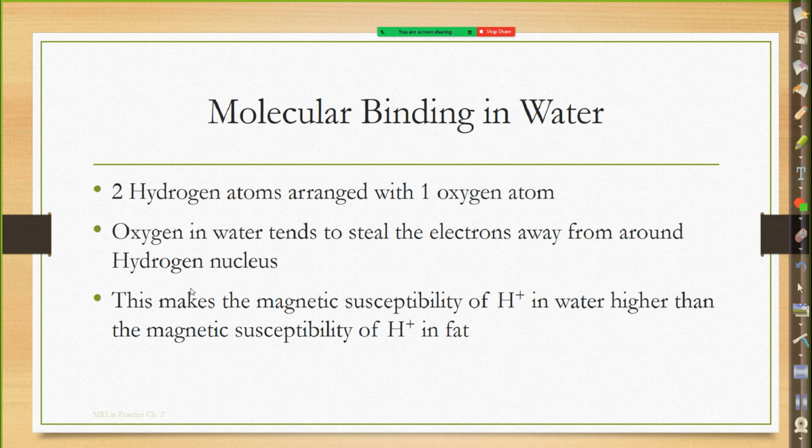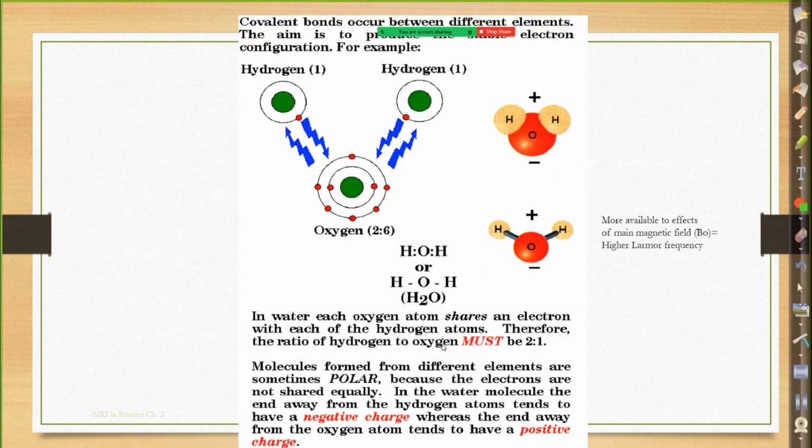And when that happens, this makes the magnetic susceptibility of the hydrogen in water higher than the magnetic susceptibility of hydrogen in fat. Because what's going on is it polarizes that molecule. So if oxygen is pulling 2 electrons towards it, it's going to be more negative towards the oxygen atom.